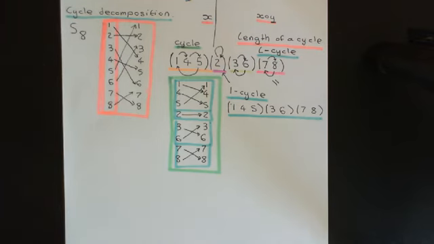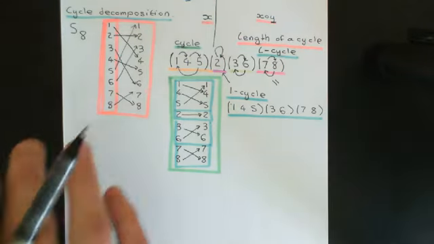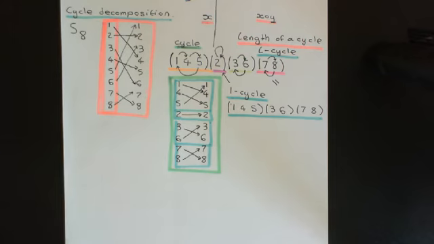Okay, what I'd like to do now is give you another example of cycle decomposition of a set permutation, this time on a set that's slightly smaller, and then use this to lead into a discussion of what it means for two set permutations to have the same cycle type.